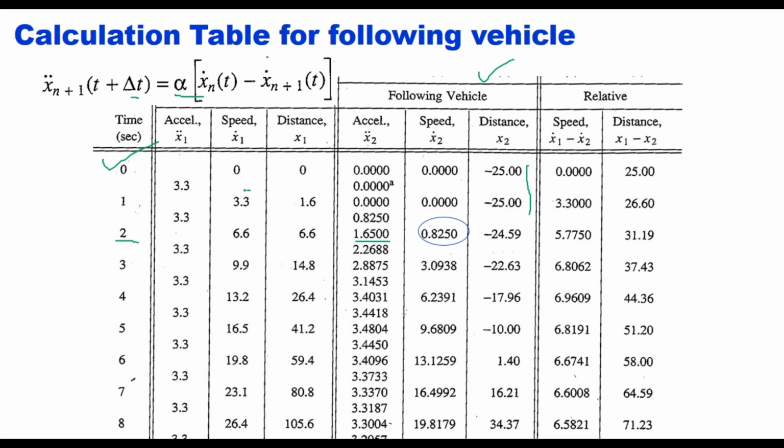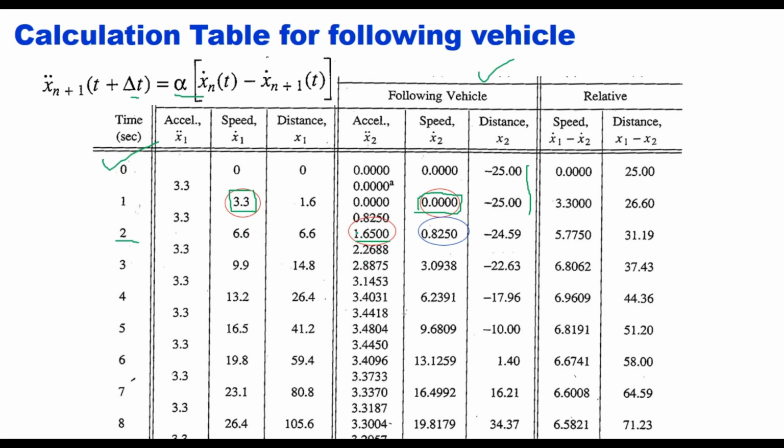Now the lead vehicle had a speed of 3.3 feet per second, and the following vehicle had a speed of 0 at this point, t equal to 1, and therefore the difference will be 3.3 multiplied by 0.5. So that is the acceleration of this vehicle at time t equal to 2.